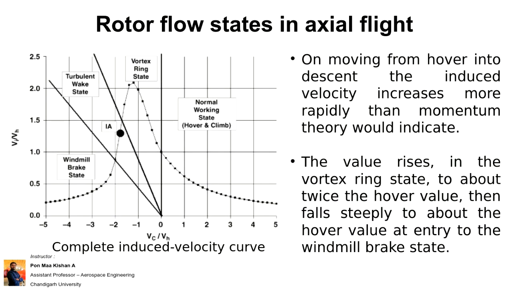Apart from that, there is a graphical representation of Vi by Vh. Vi is the induced velocity for descent, and Vh is the induced velocity during hover.